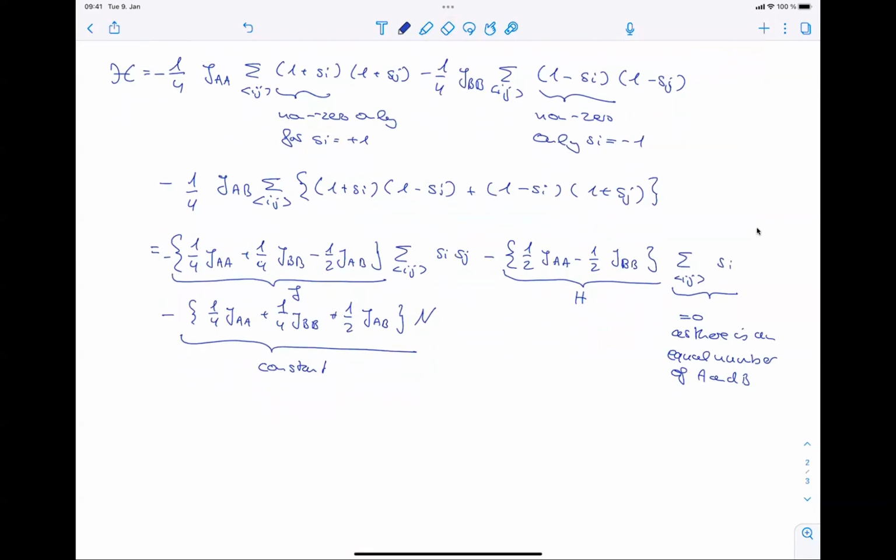And so what we can see is, okay, we've mapped the Hamiltonian, the constant we don't care about, because what's driving the interaction is now this interaction.